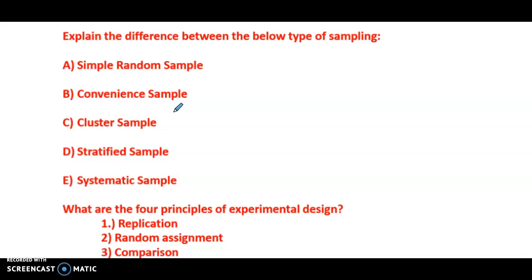A convenient sample is a sample that's easy to gather, and it often has bias. If you're asking if people like coffee and you're asking them outside of a coffee shop, then most likely they're going to say yes, and that's not going to be a good representation of the population. Remember, a cluster sample is, let's say we have 9th graders, 10th graders, 11th graders, and 12th graders.